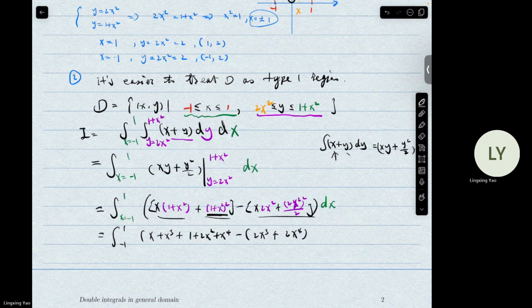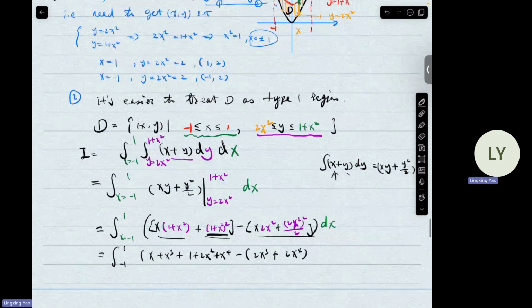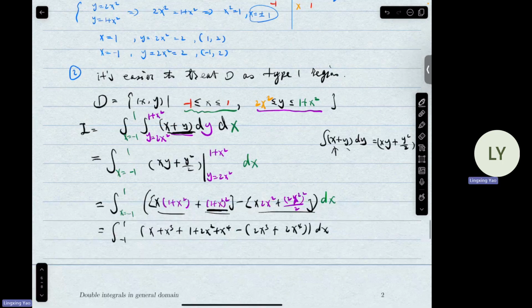Do I have everything right? I think we do. Oh, there's one thing. I think I copied the wrong integrand here. In the original question, we got 2y, but we actually copied y down here. So let's just change this. Then everything is consistent.